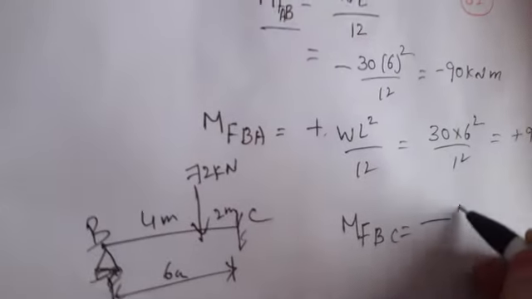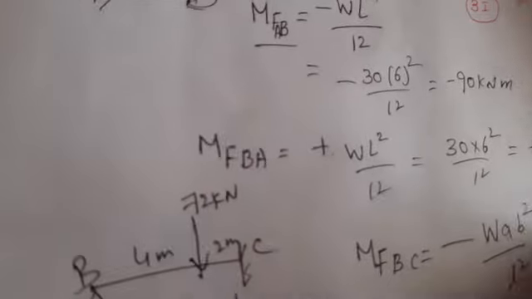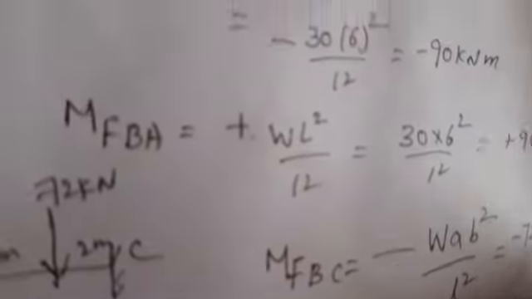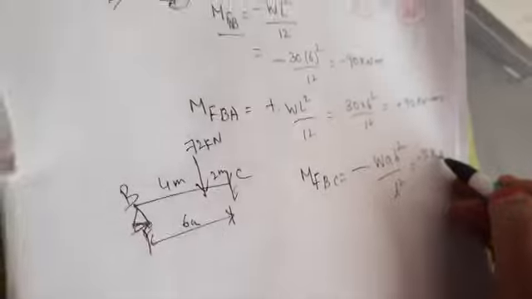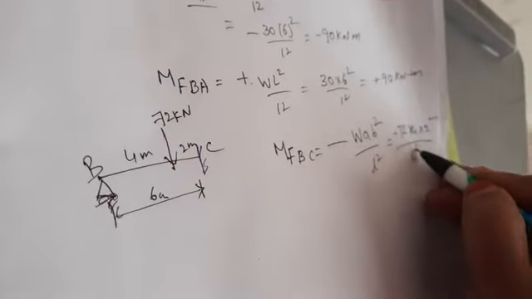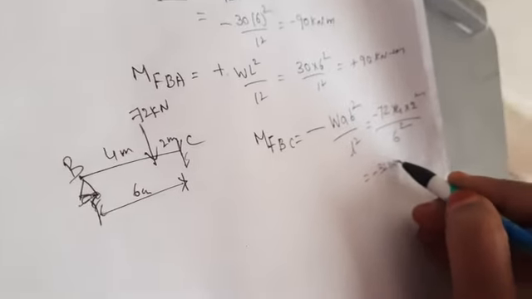Our formula is W A B square by L square, that equals minus 72 into 4 into, A is 4, B is 2, square, divided by total distance 6 square. Then we will get minus 32 kilonewton meter.